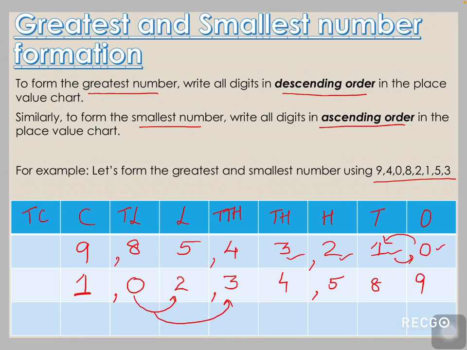So always put first whatever the next digit is, bigger than 0 but smallest among the other digits, then you keep 0, and then the rest of the digits in ascending order. Clear? I hope this is clear to you, and this way you can form the greatest and smallest number using the digits given to you.